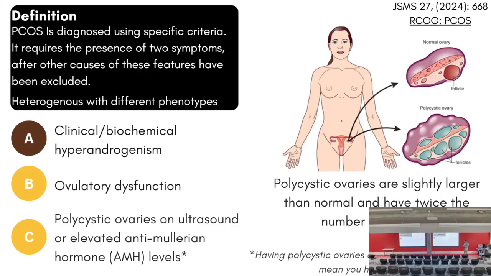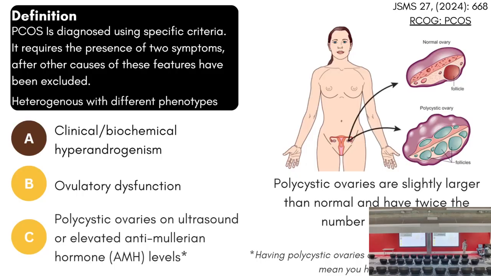And then I've mentioned already the polycystic ovaries themselves, okay, as defined by using something like an ultrasound or by looking at anti-Mullerian hormone, AMH, okay? And again, it's not enough to have just the enlarged and extra follicles alone. We need to have 2 out of 3 symptoms for us to have a definition.